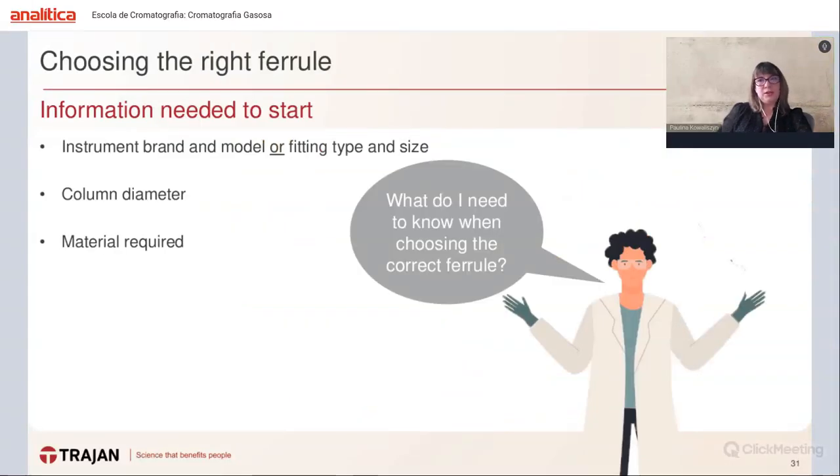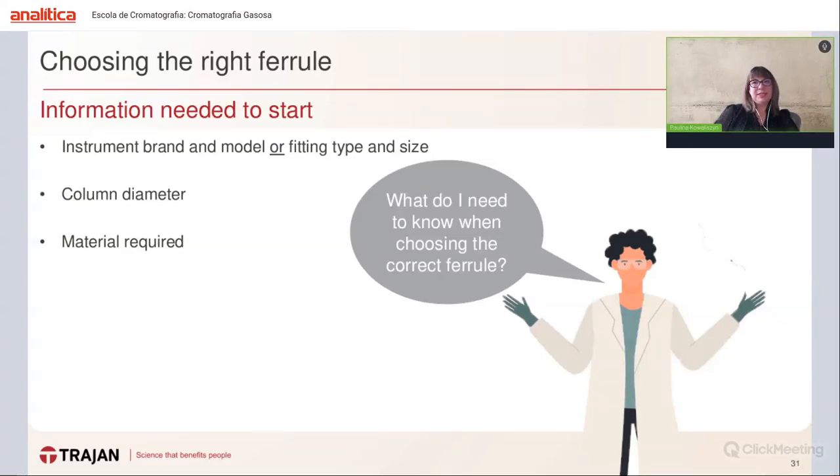So I hope that you know now what ferrules are available, how important it is sealing of our system in the GC. But to choose the correct ferrules for our instruments, we need to know three things. So, what is our instrument brand and model, or what fitting type and size does our instrument have? What is our column diameter?